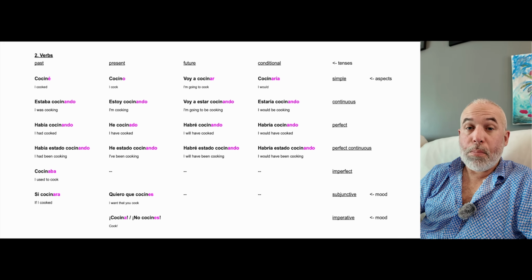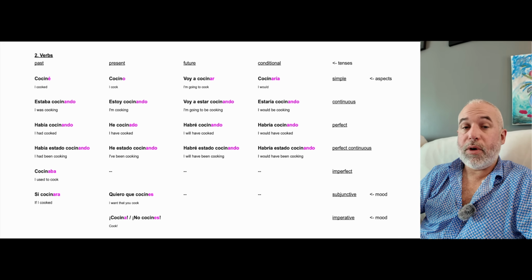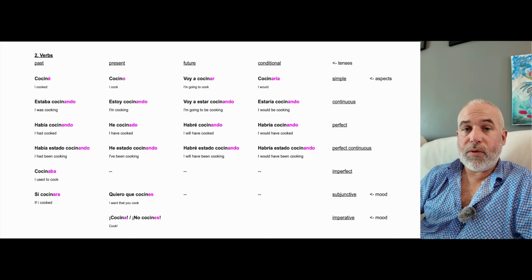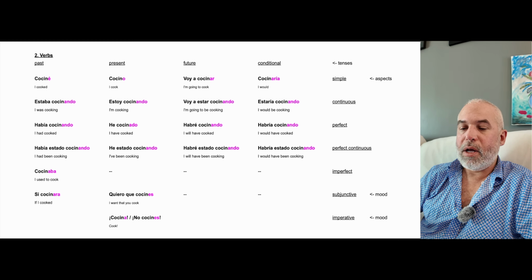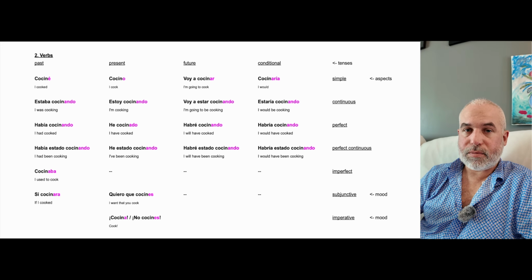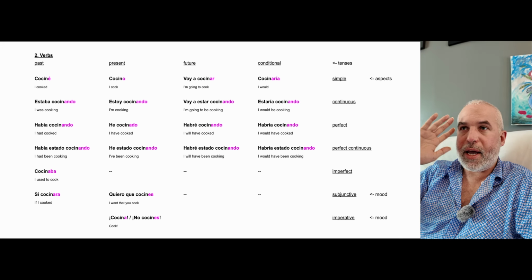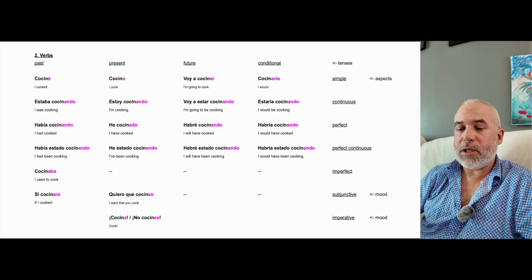Now we get into the final two rows here, which are not aspects, they're known as moods. In Spanish, modos. So you have modo subjuntivo and modo imperativo. So subjuntivo is something hypothetical. So if I did this, right? I'm not saying I did, but I'm saying if I did, if I had even, right? So si cocinara, man, if I had to cook for 100 people, I would go crazy.